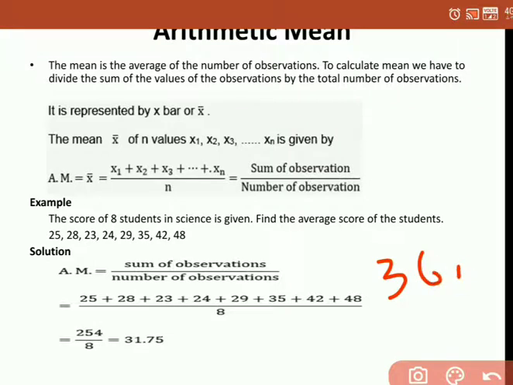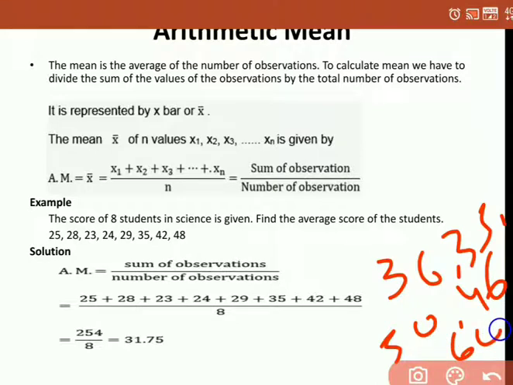Similarly, another example which is given in your book, a batsman's scores: 36, then 35, then 50, then 46, then 60 and 55. Then you have to find the mean of this.